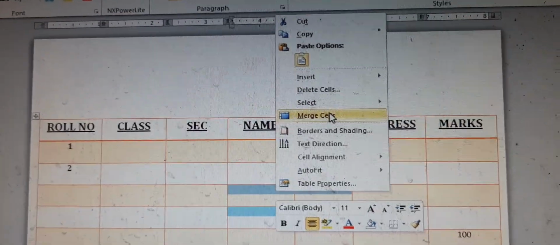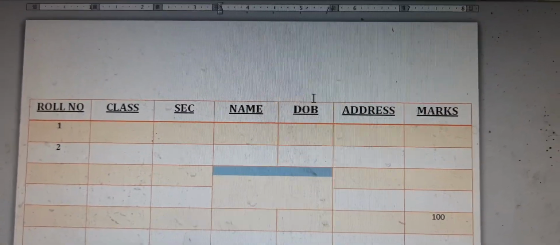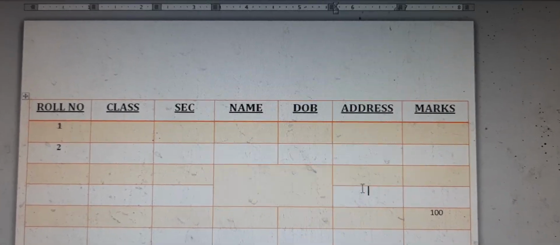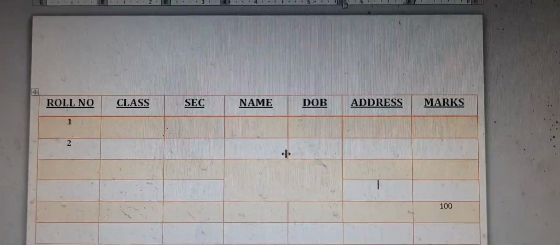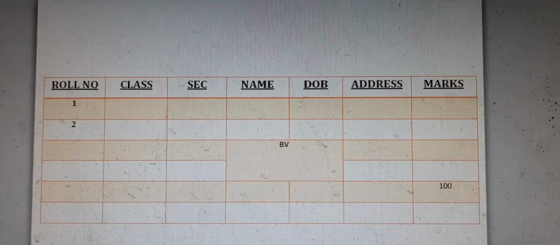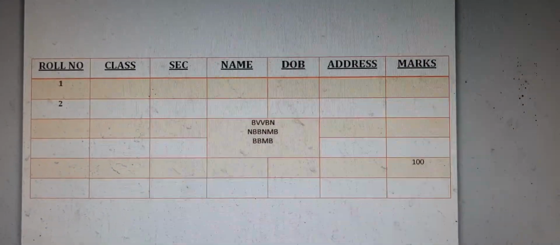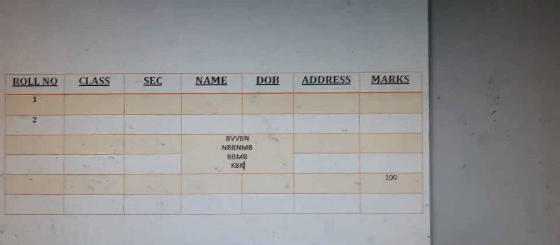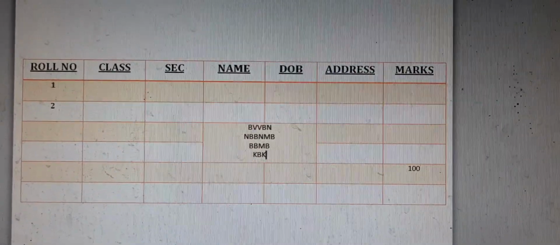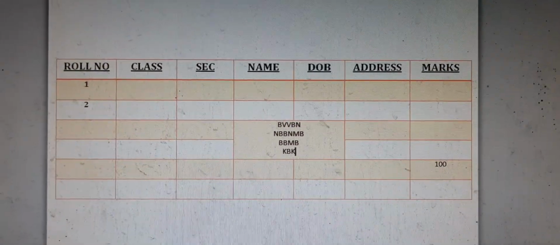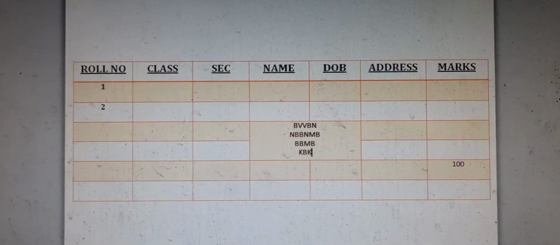If you click here on Merge Cells, you will find the cells becoming a single cell. So 4 cells together become a single cell.